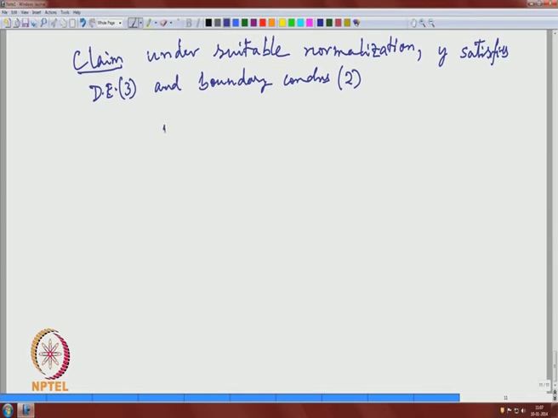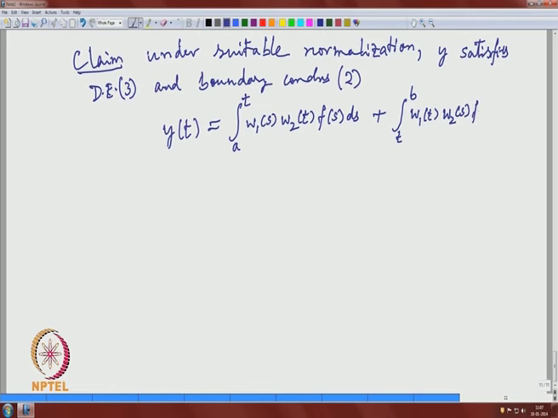Remember y t is given by the integral from a to t of w 1 s w 2 t f s ds plus the integral from t to b of w 1 t w 2 s f s ds.